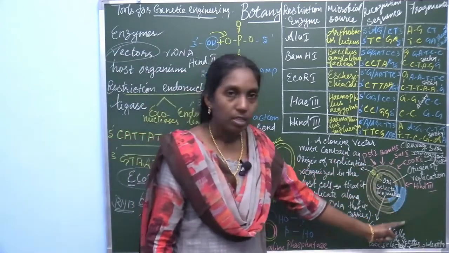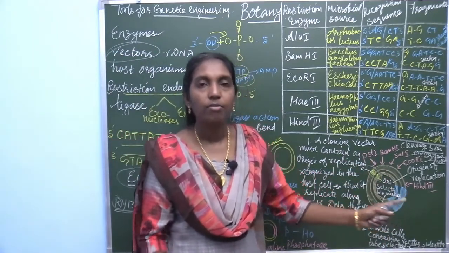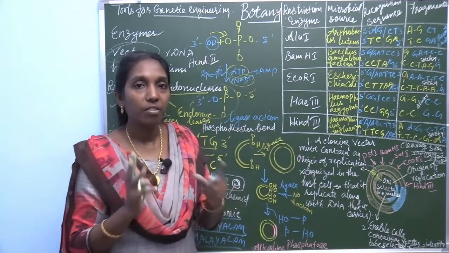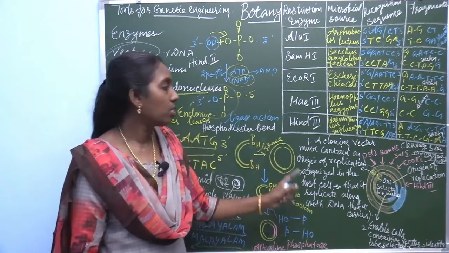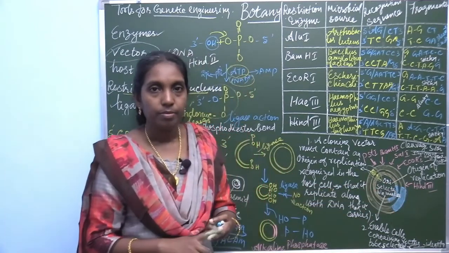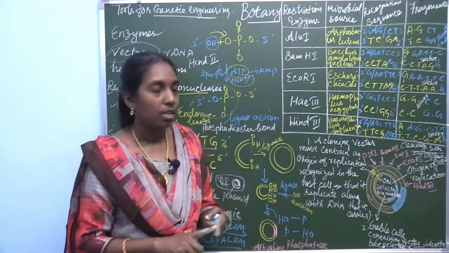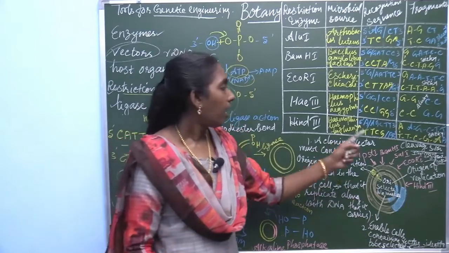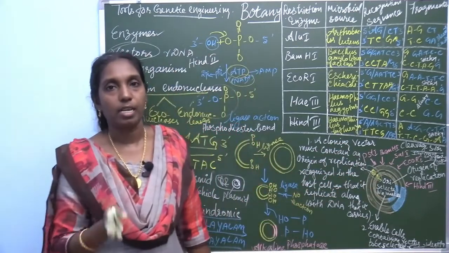So this is the vector which contains three recognition regions, three important features. What are they? Origin of replication, then selectable marker and cleavage sites.